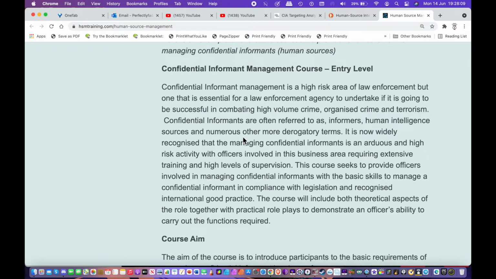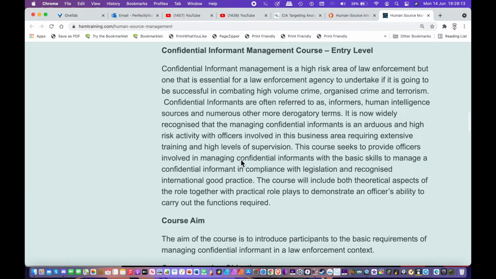It is now widely recognized that managing confidential informants is an arduous and high-risk activity, with officers involved in this business area requiring extensive training and high levels of supervision.